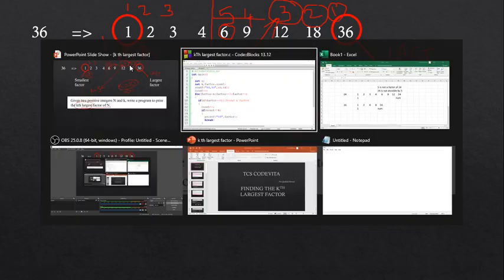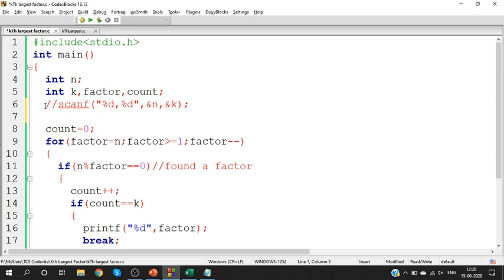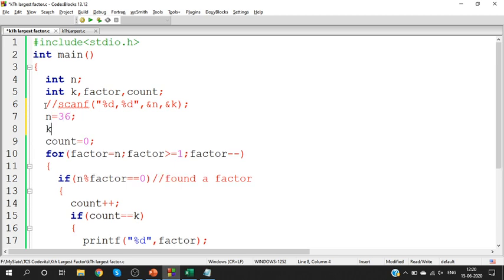Okay. What I'm going to do is avoid this scanf because I need the proper execution time. How much time does it take to execute? So to get the proper execution time, I'm just going to initialize the values. Because execution time is taken along with the input time, right? Ignore the input time, just observe the time needed for processing alone.